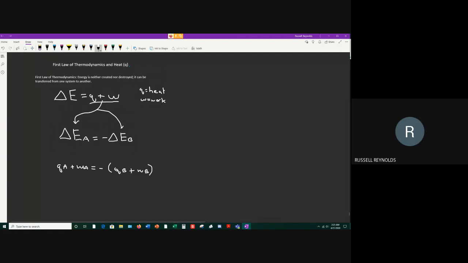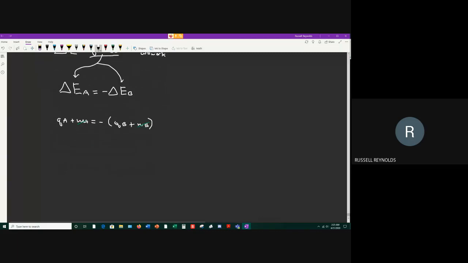So if we eliminate work, at least for right now, that means that we can further rewrite this expression of the exchange of thermal energy as the heat of system A is equal to the negative heat of system B.